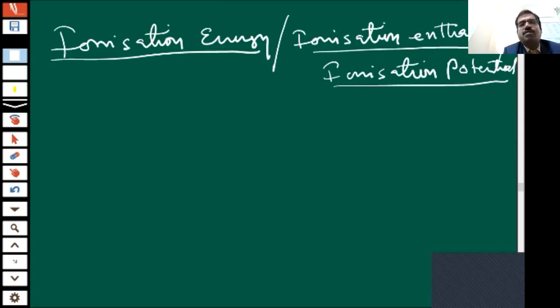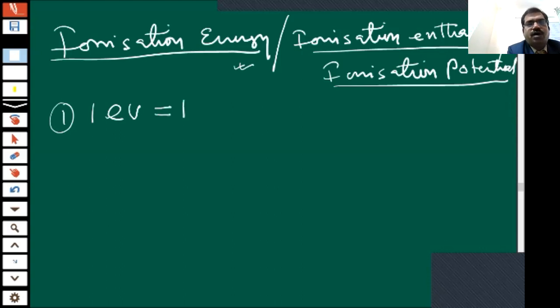So energy term is there. So first of all, let me use some energy term, okay? And please learn this energy term. Units of energy. That is 1 eV. Okay, 1 eV means 1 electron volt.